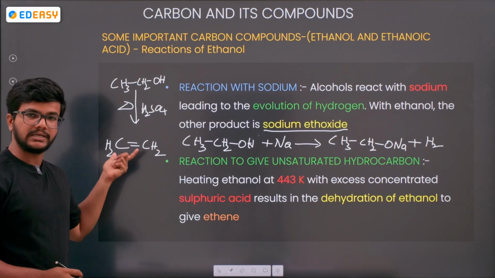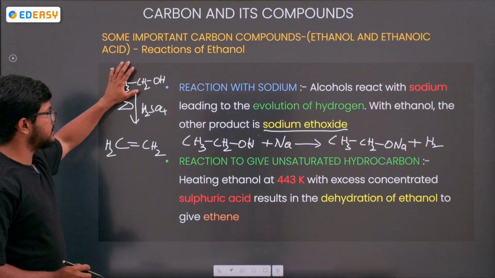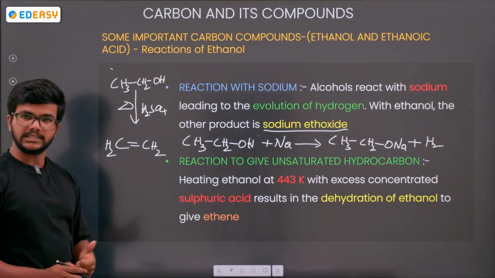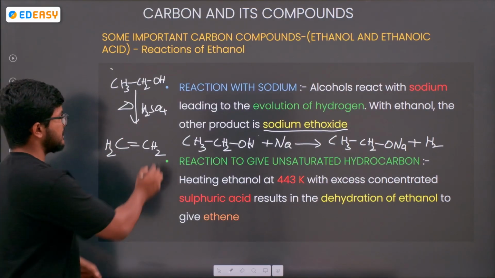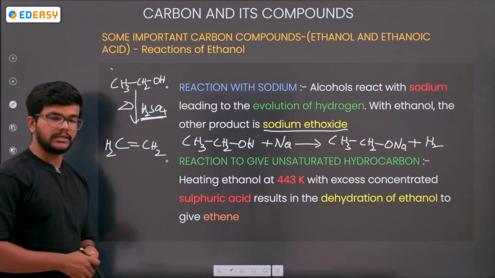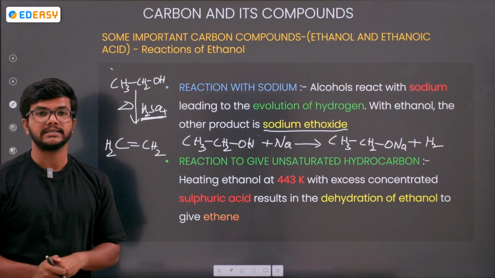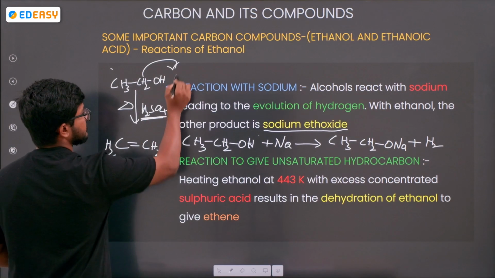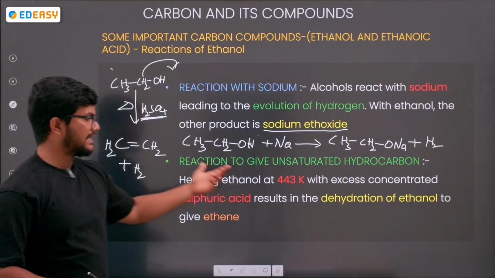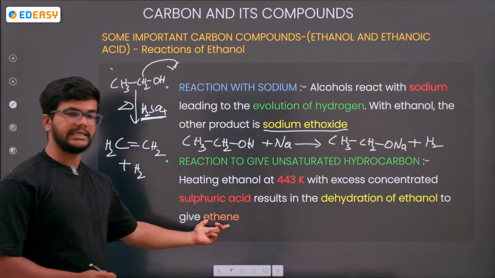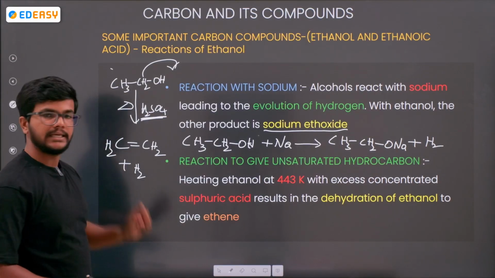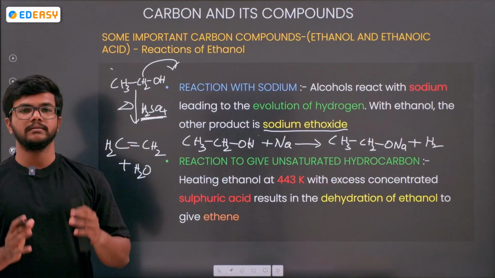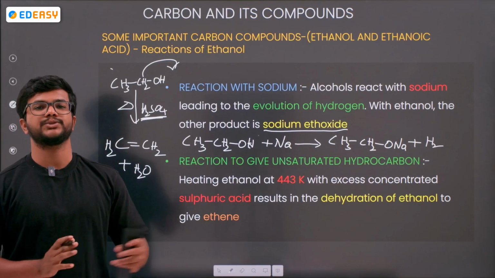This is an unsaturated hydrocarbon. So alcohols reacting with acid in the presence of heat give unsaturated hydrocarbon. H2SO4 is the dehydrating agent. Dehydrating agent means water is removed from the molecule. So dehydration of ethanol gives ethene. This is the reaction between alcohols and H2SO4 acid.